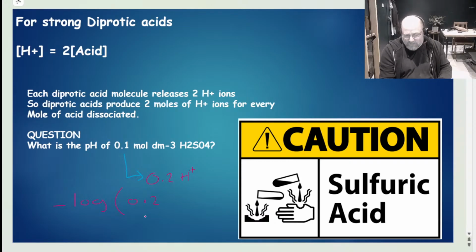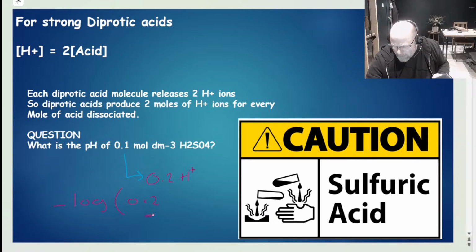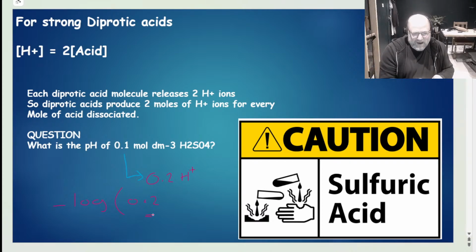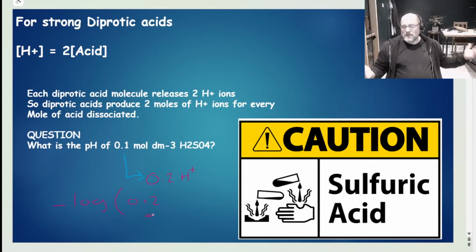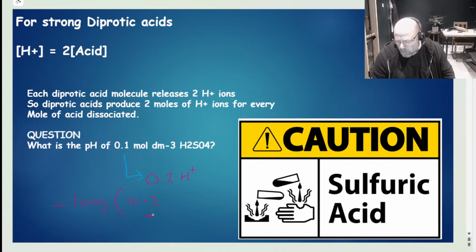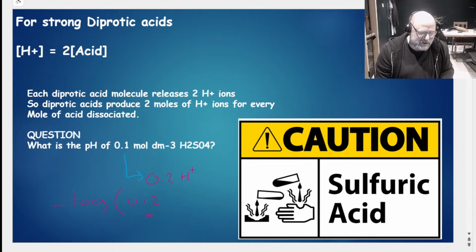And what will that give me for a pH? What does that give me if I minus log 0.2? Yeah, 0.7. Thank you. 0.69, 0.70. Well done, guys. You've got it. So that's just converting between the logs back and forth.